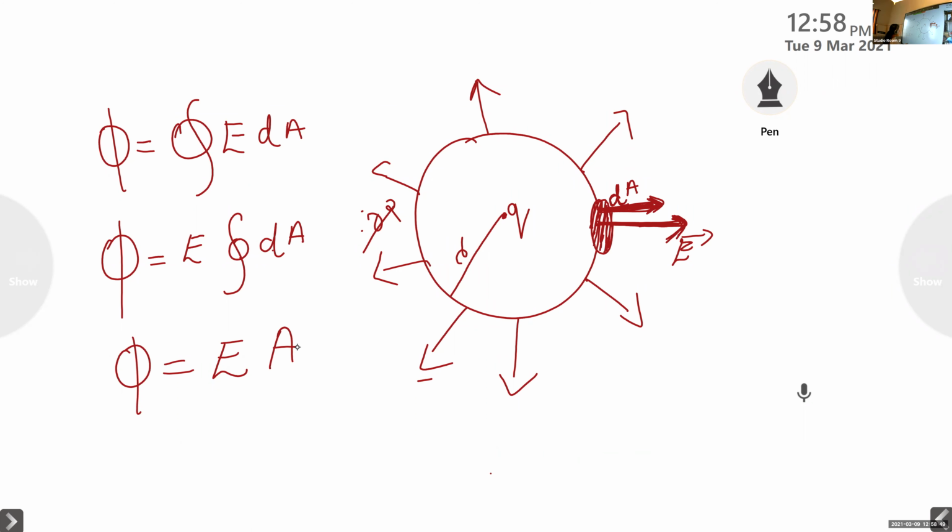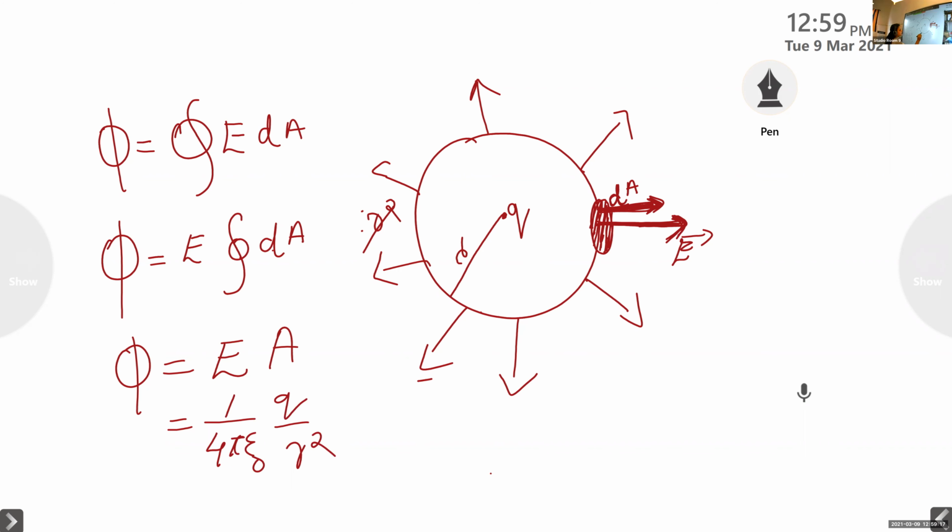Then we substitute the values of our electric field. What is the equation for calculating the electric field intensity? According to Coulomb's law, E is equal to, what is E equal to? Yes, Sharon? 1 by 4 pi epsilon 0 q by r square.